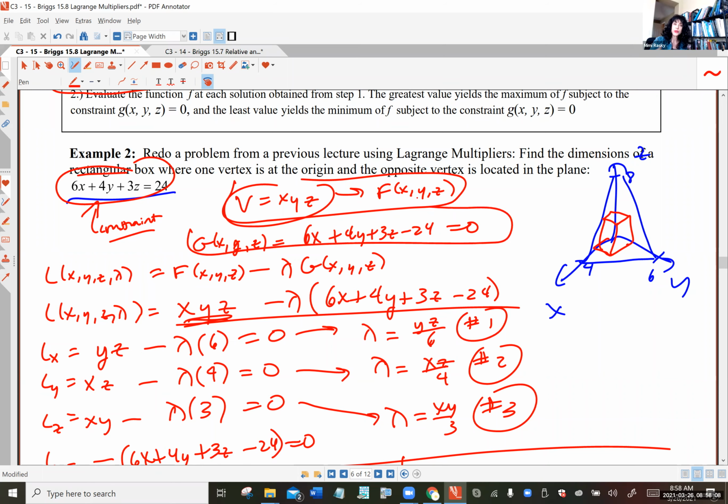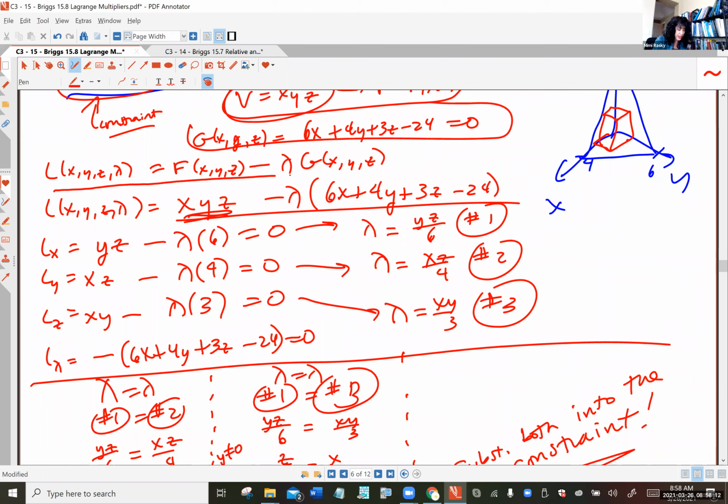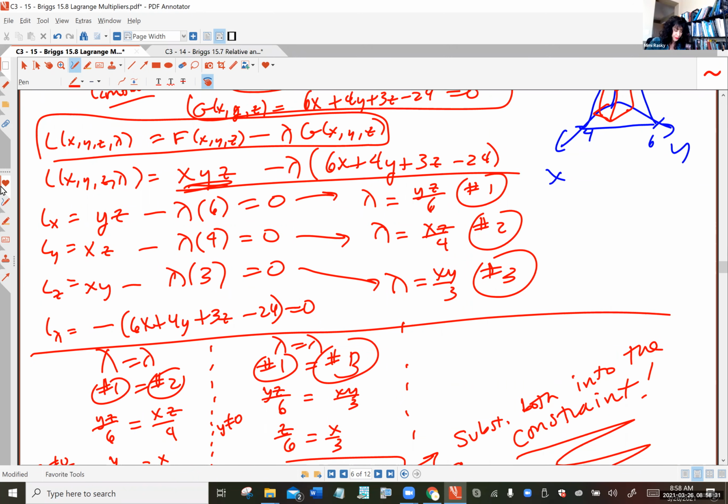With those two equations in hand, you form your big Lagrangian function, f minus lambda g. Take the 4 partials, set them simultaneously equal to 0 to get a nonlinear system of equations with 4 unknowns. But you don't really have to solve all 4 unknowns. You just need the 3 unknowns, because usually nobody asks you to solve for lambda.